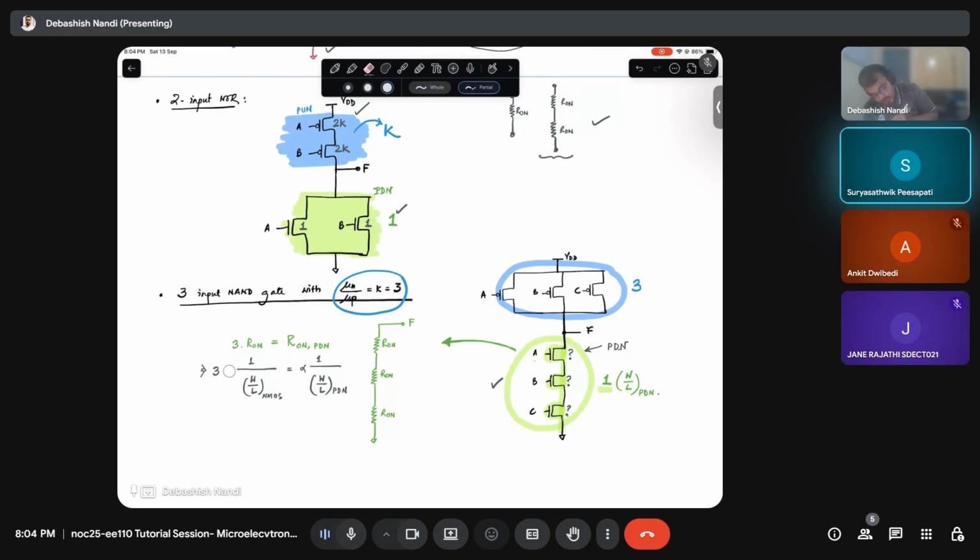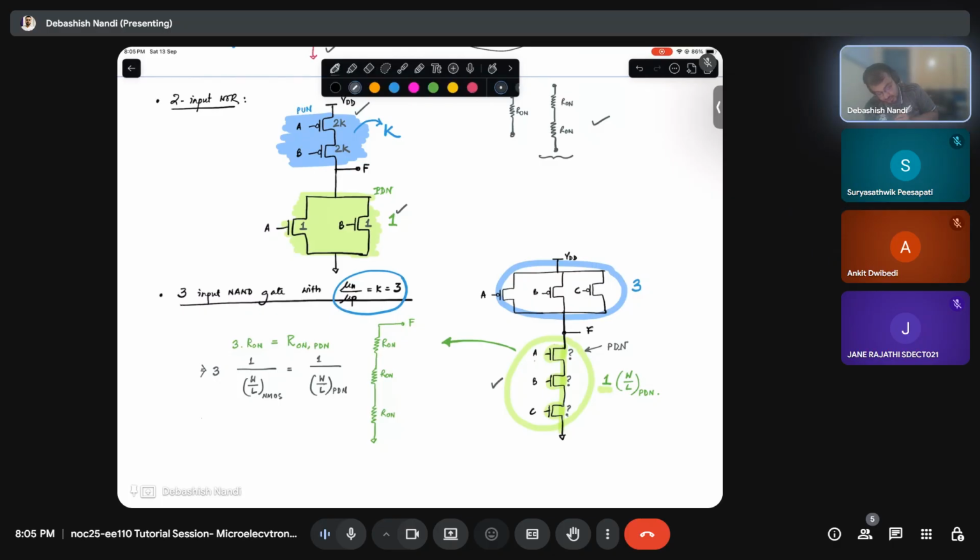Now let us remove the proportionality constant because the transistors are the same NMOS. So W by L of NMOS will be 3 times W by L of PDN. If I have this as 1, then these individual transistors' W by L should be 3.